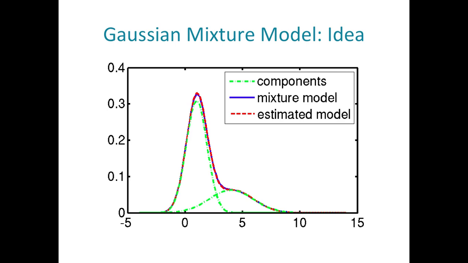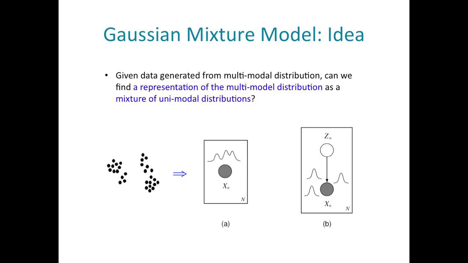In this case, the data points could be members of one or the other or both Gaussian distributions at different probability levels.